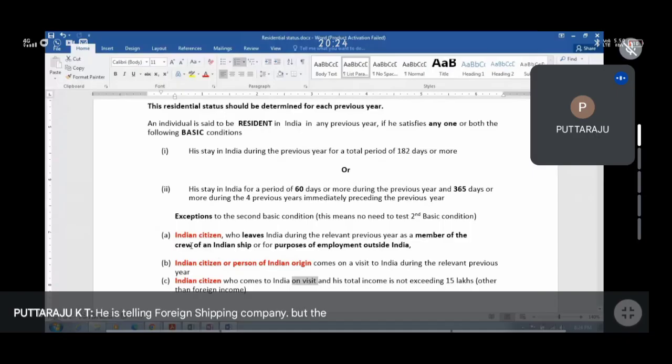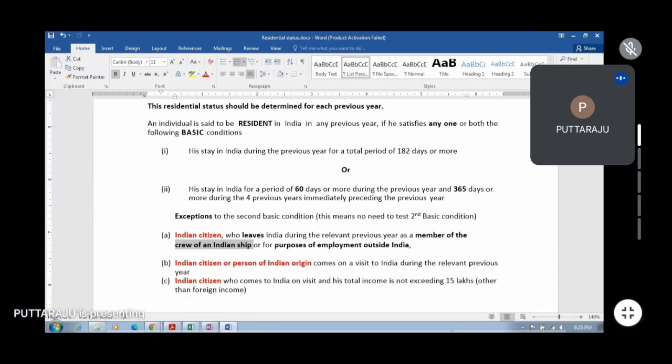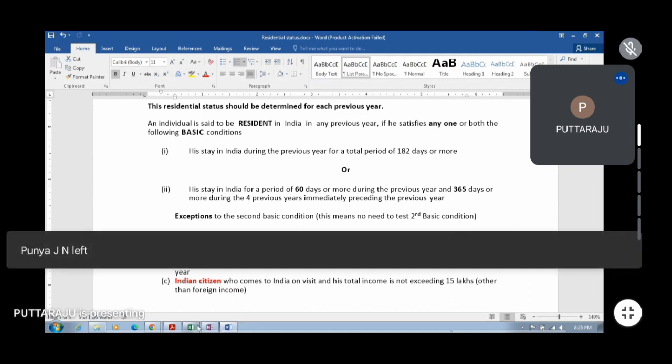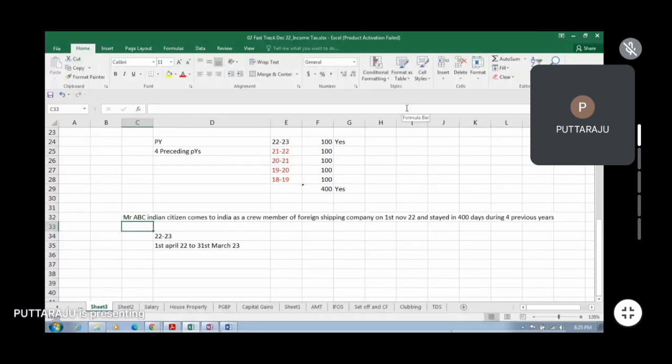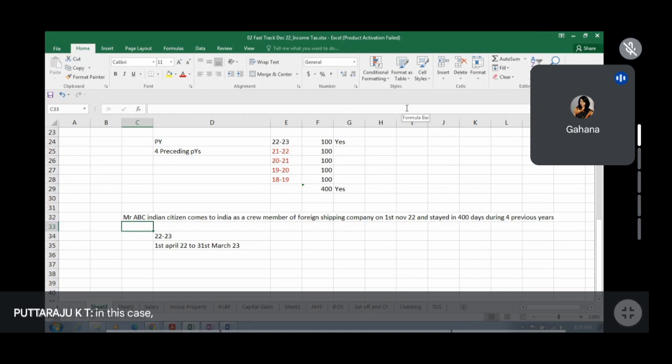But the provision says crew member of an Indian ship. He is an Indian citizen, sir.